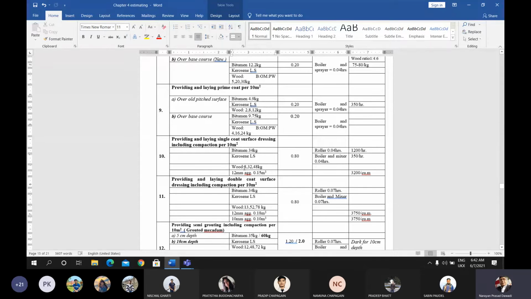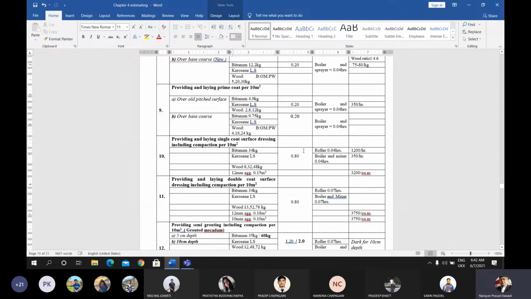Wood for boiler, open mass and patchwork is 8, 32 and 48 kg, and the surface dressing material, the 12 mm size aggregate, is 0.15 meter cube. And this is the quantity of material.